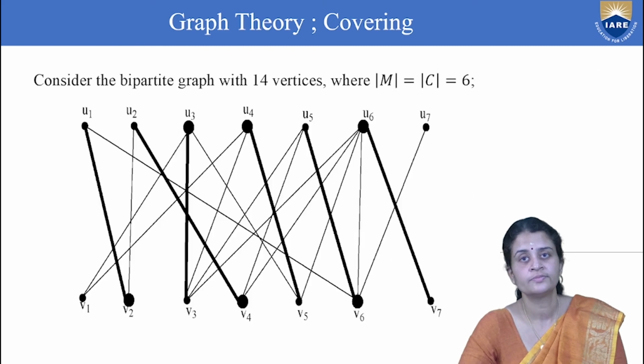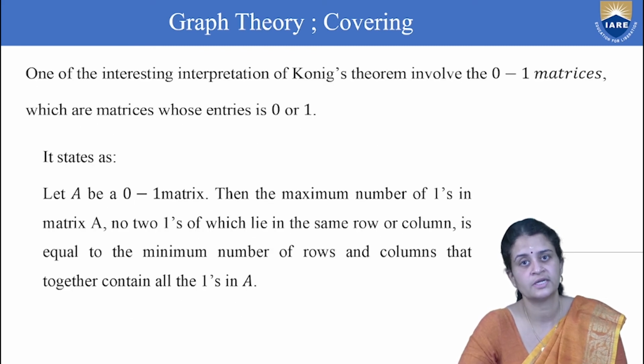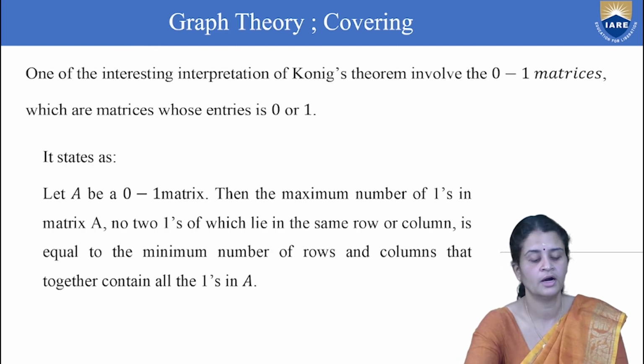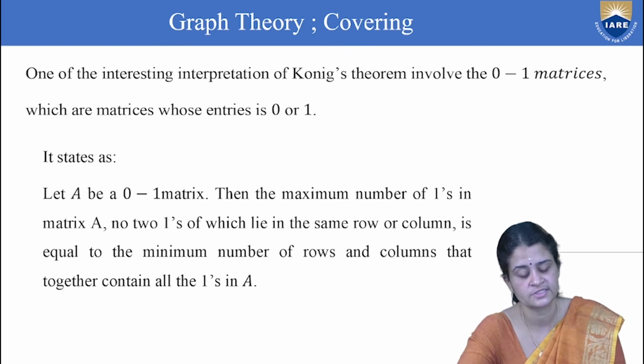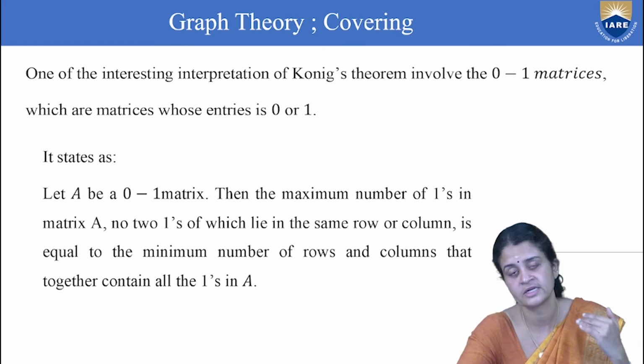Now we'll see the interpretation of Koenig's theorem. It involves 0-1 matrices, matrices whose entries are 0 or 1. It states: let A be a 0-1 matrix, that is, the entries of matrix A are either 0 or 1.